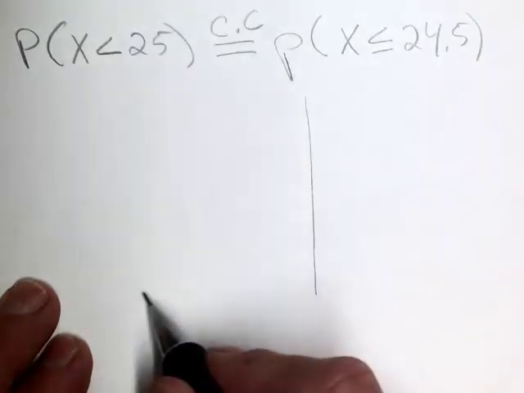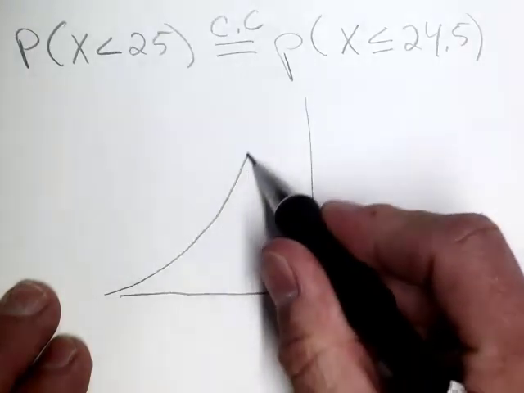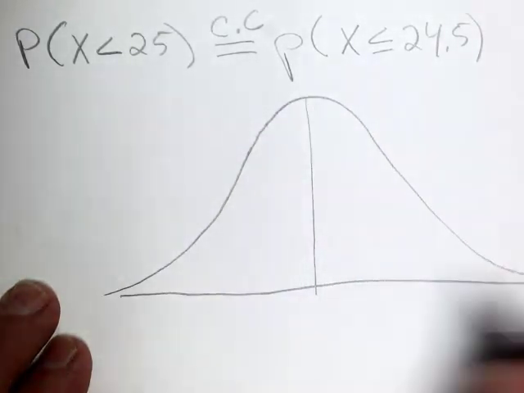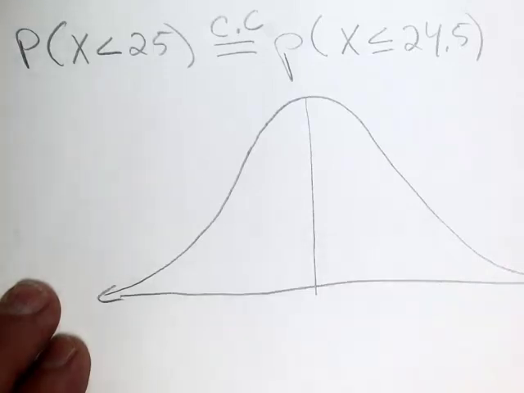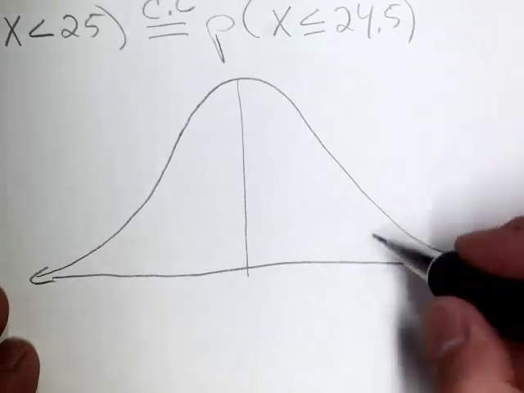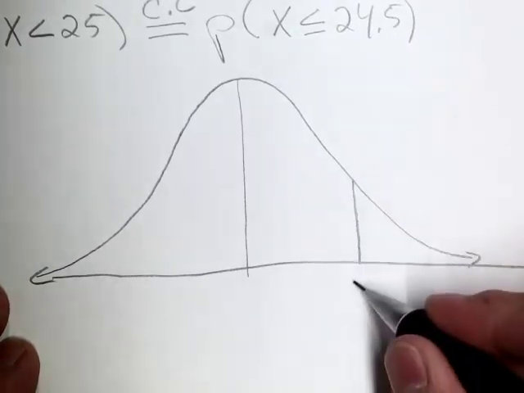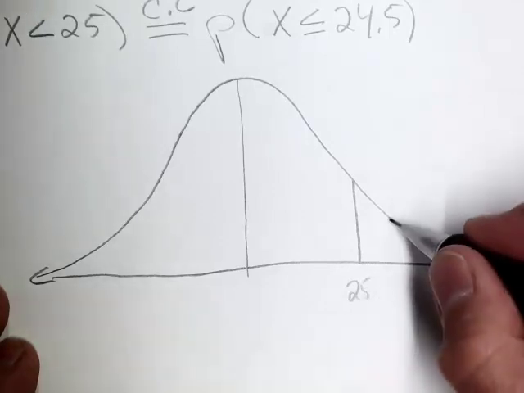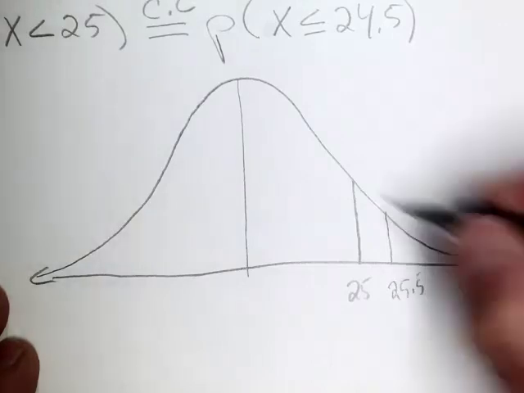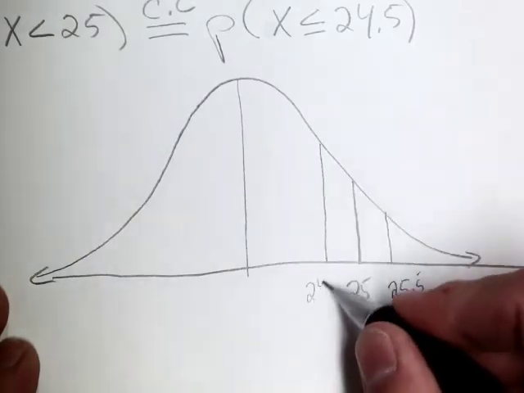Okay, so visually, what that means is I'm assuming that this binomial distribution can be approximated by the normal distribution, so I'm just going to draw a generic bell curve. So the number 25 in the continuous case actually is represented by adding 0.5 above and subtracting 0.5 below.